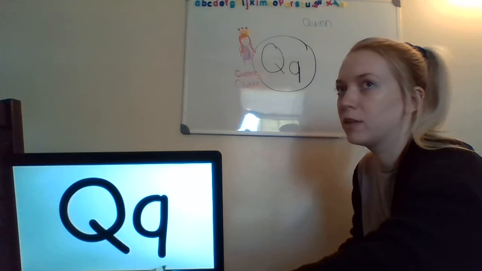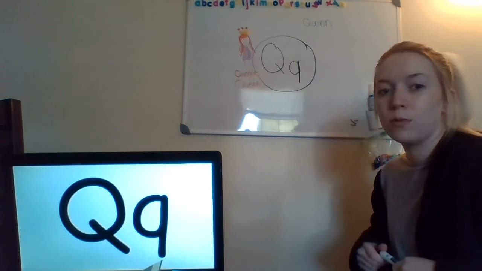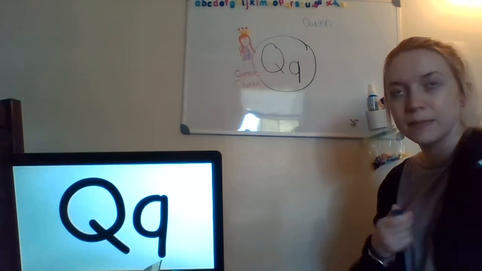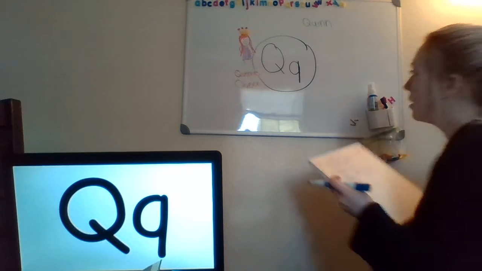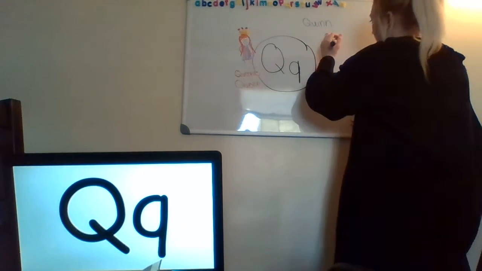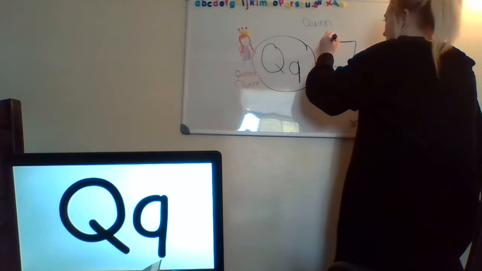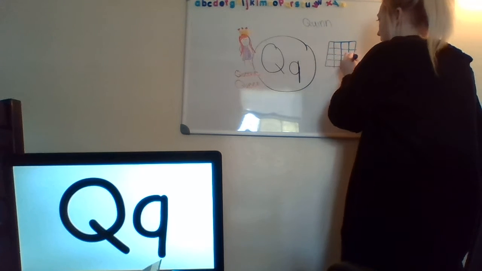Ooh, I have one. Do you know what a blanket is called that people sew together, and it looks like a bunch of little squares sometimes? It's a quilt. Quilt starts with the letter Q. And a lot of times they are kind of like checkered, like this.